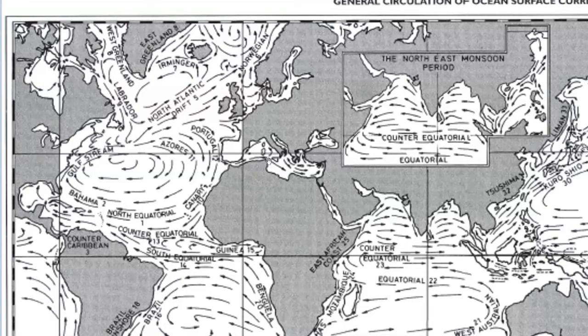And then it will go back along the island of Sicily or along the Italian coast, the French coast, and also Spain. And then it will go back again to the Atlantic, but it will flow underneath the surface current because the surface current is coming inside from the Atlantic.